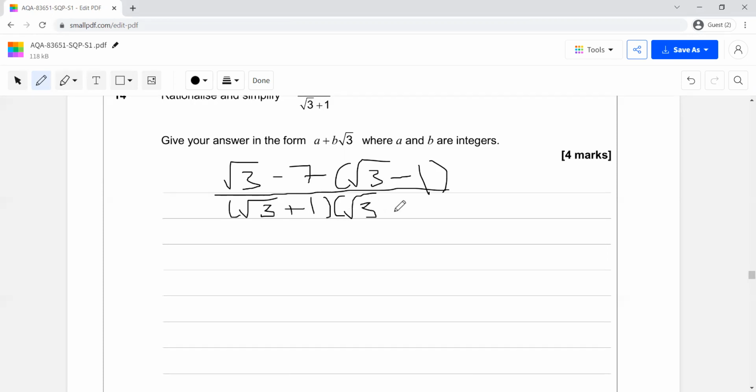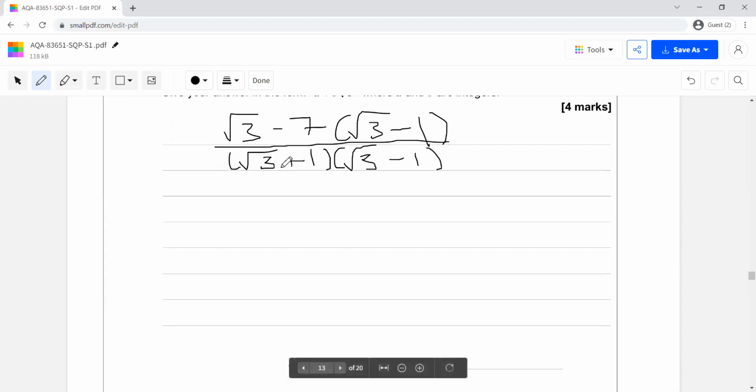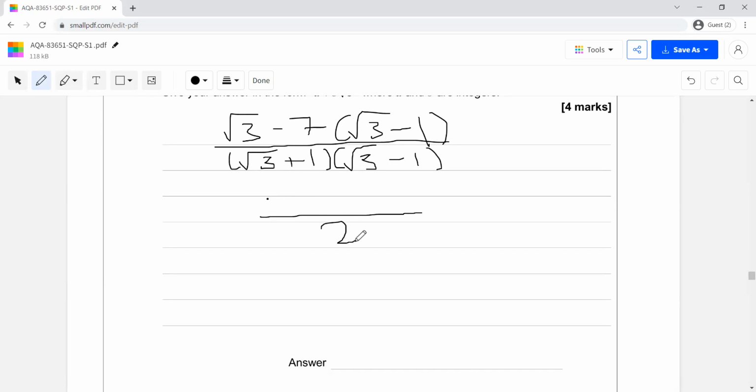Now the denominator is a case of the difference of two squares. So you can see that it will be root 3 squared, which is 3, minus 1 squared. So the denominator will become 2. So it'll be something over 2.